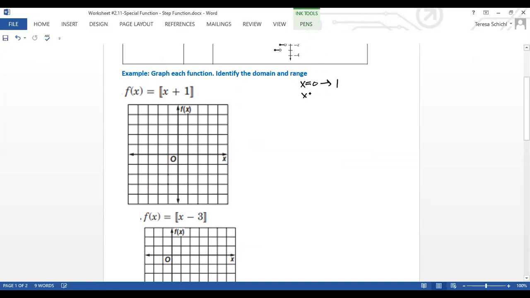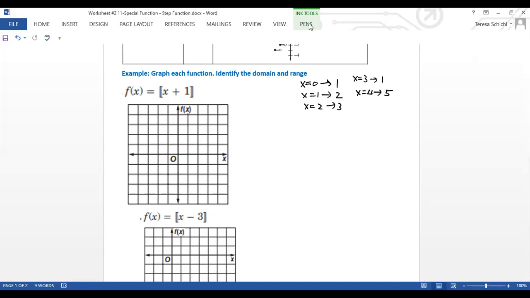Now x equals 1: 1 plus 1 equals 2. x equals 2: 2 plus 1 equals 3. x equals 3: 3 plus 1 equals 4. x equals 4 gives 5.